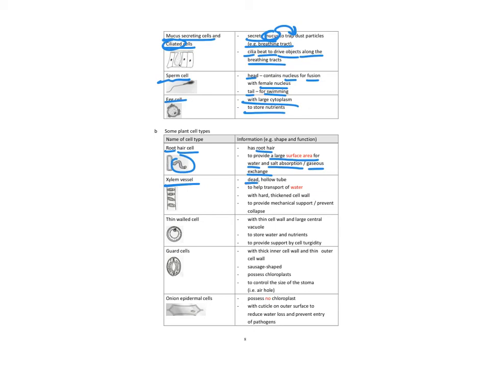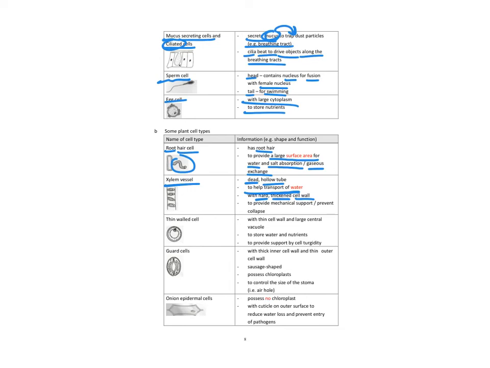They don't have nucleus, they don't have cytoplasm, they just have cell wall. They are hollow tubes. They help transport water. They have hard, thickened cell wall, even thicker than usual cell wall. They are thickened by a certain chemical called lignin that you will learn later on in Form 4.